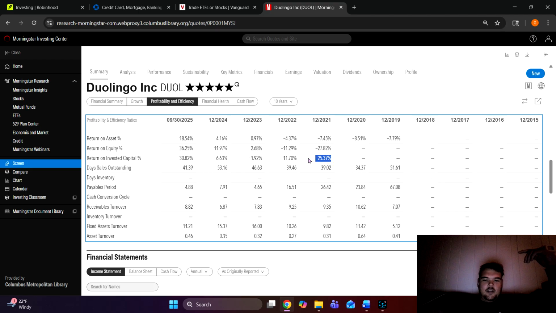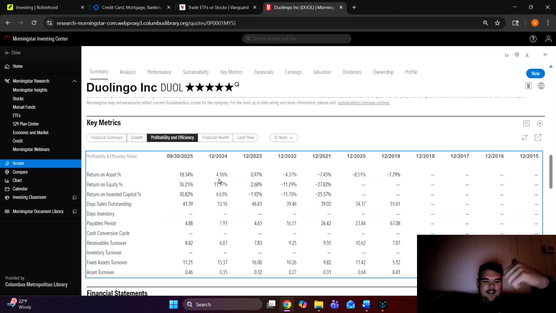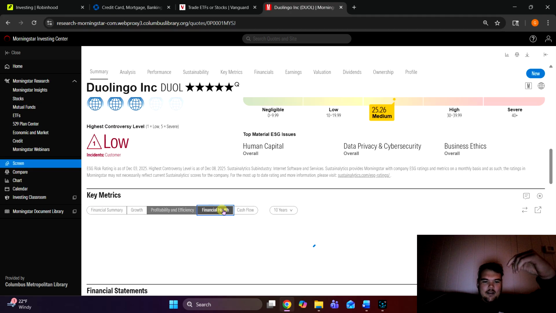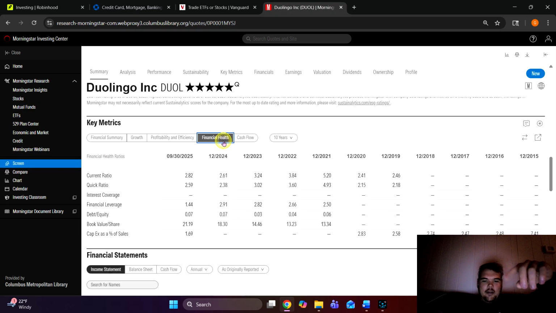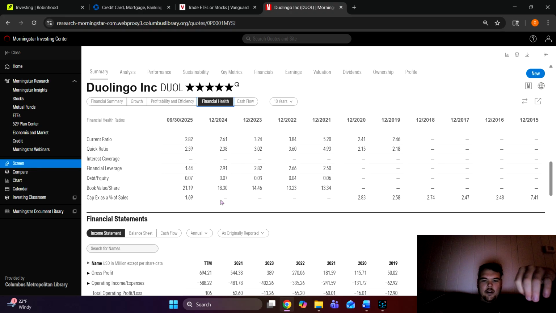You can literally see them improving the ROIC. That's good. This could be either a trap or one of the best deals out there on the market right now.